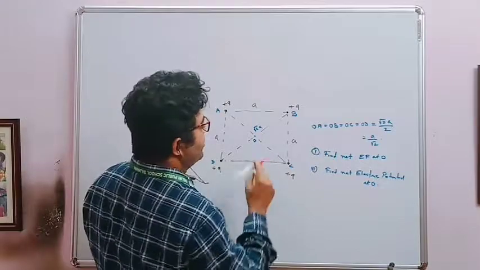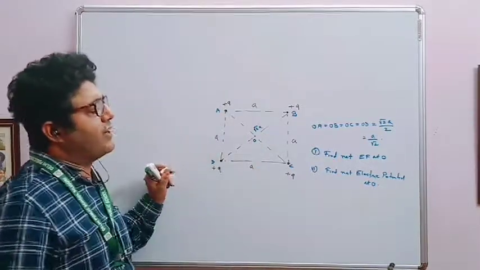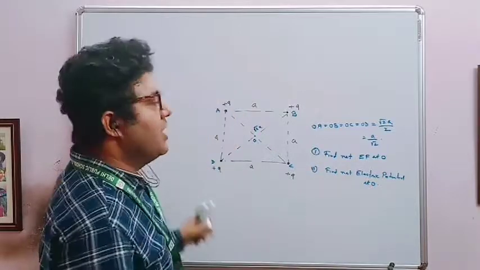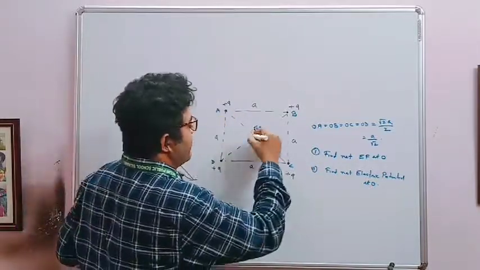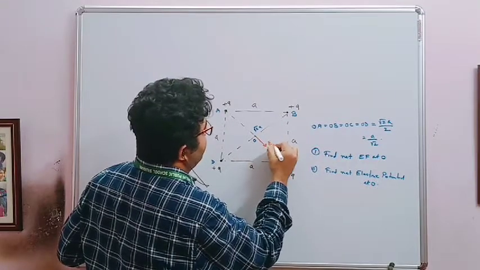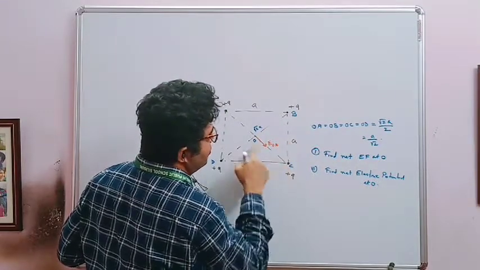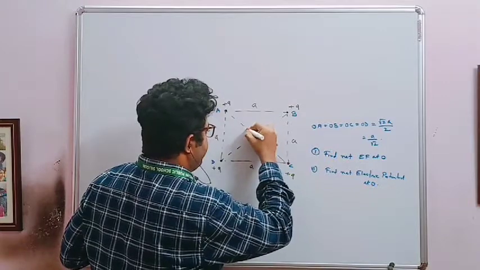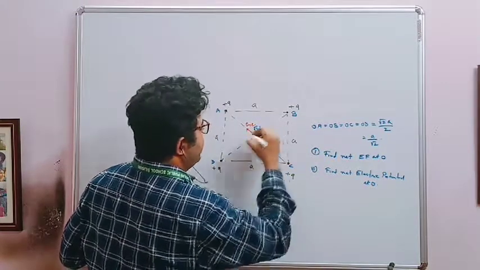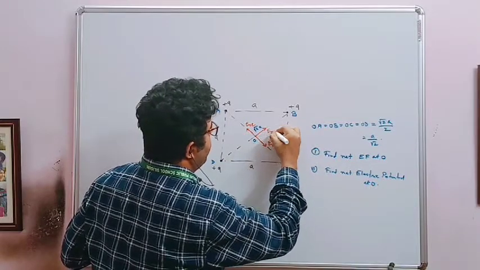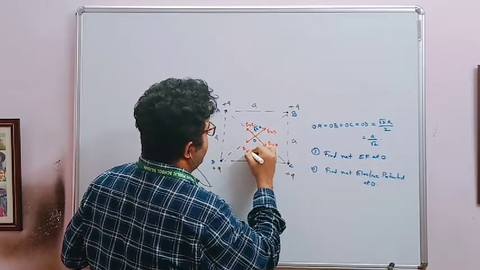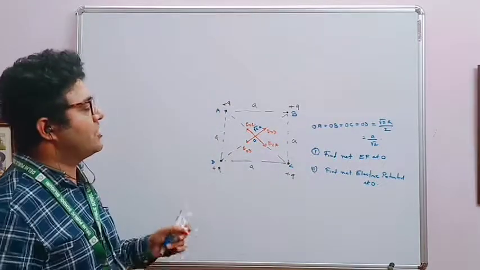Now see, for electric field, we know electric field is a vector quantity, so it has direction. For this plus charge, the field is directed away, so we can write electric field at O due to A, at O due to C, at O due to D, at O due to B. They are equal in magnitude and opposite in direction.